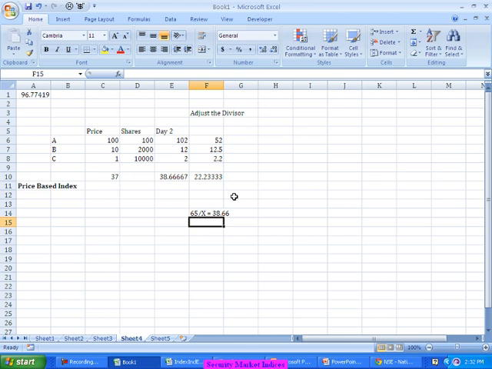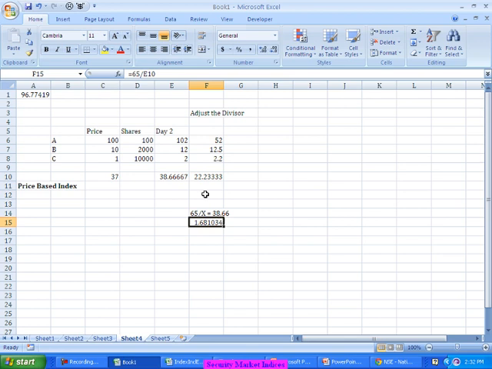So which means, what is your x coming out to? X is coming out to 65 divided by 38.66. So probably it is coming out to 1.68. Now what we are saying is, these three numbers, whatever the new ones are, divide by 1.68 to come out with the index, not with 3.